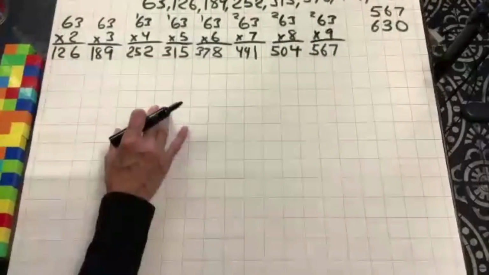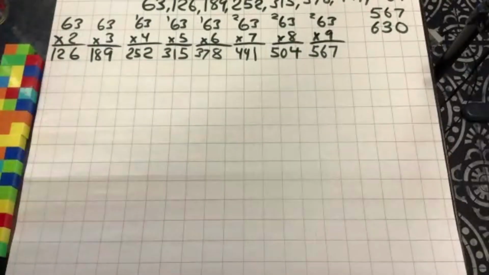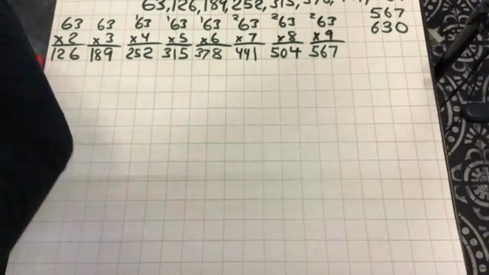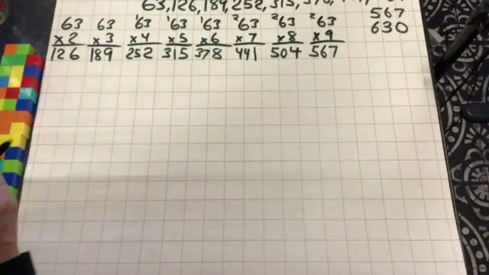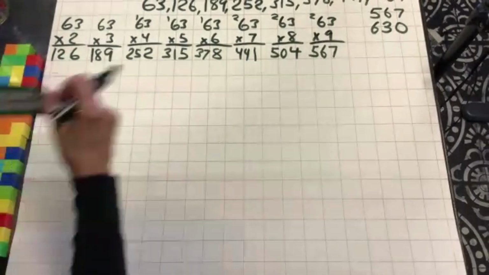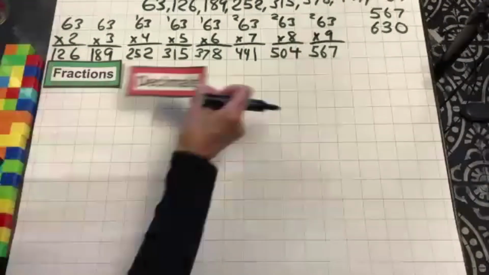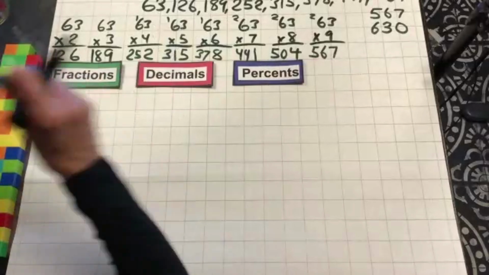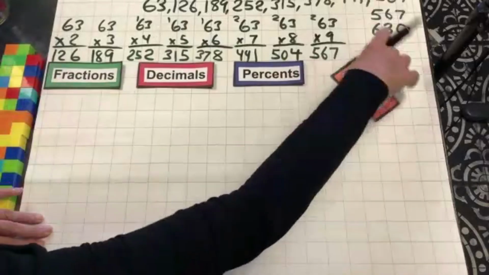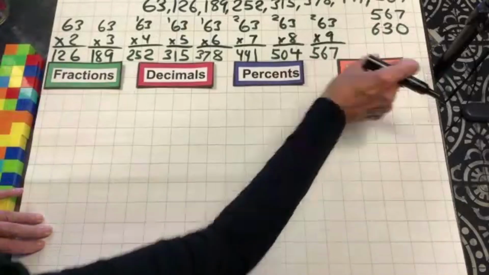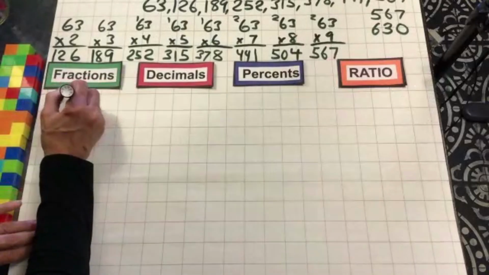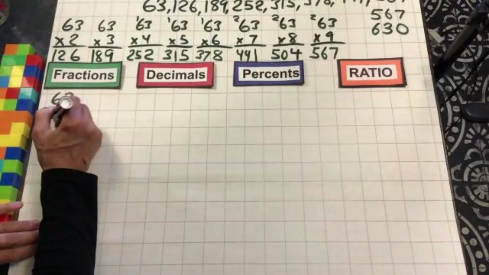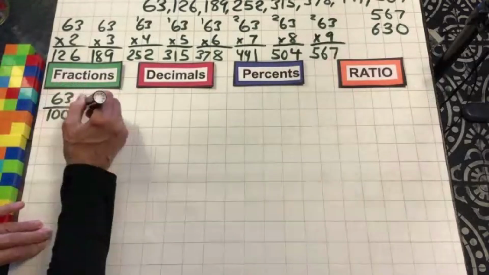So our next category is fractions, percents, decimals, and ratios. So let's do 63 days out of 100 of our daily number workout.